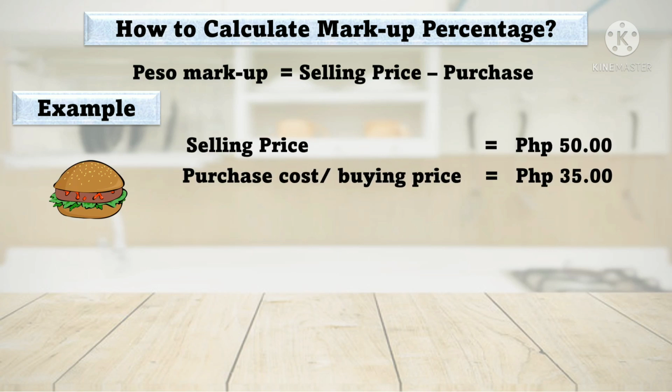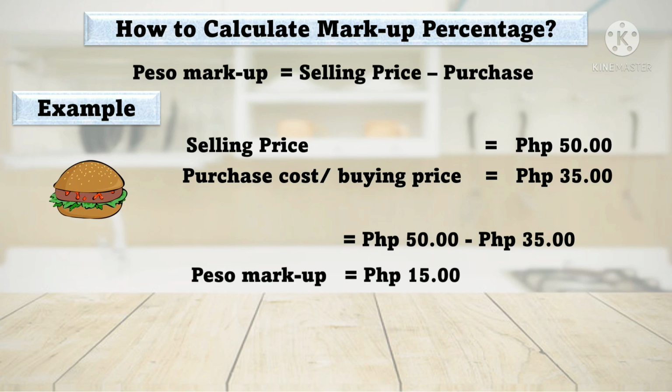The ingredients used in making one burger cost 35 pesos. Then, you sell the burger at 50 pesos. In order to get the peso markup, subtract your purchase price or cost from your selling price. In this example, the peso markup or profit is 15 pesos.